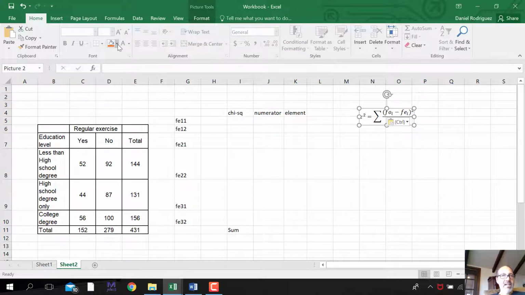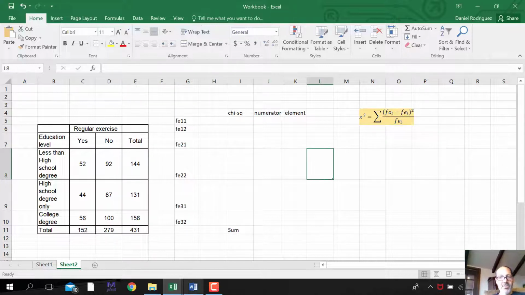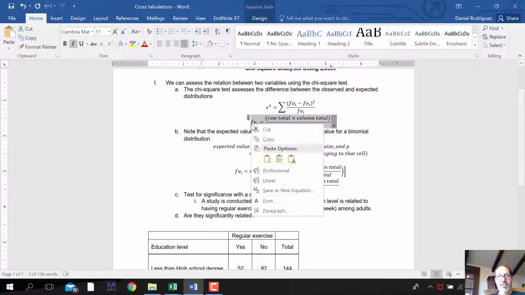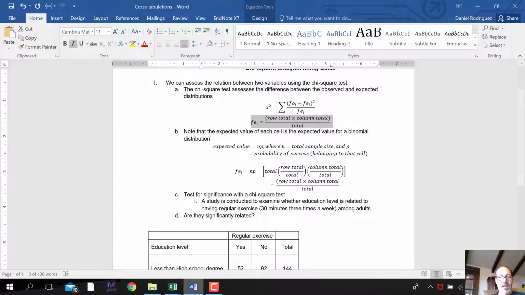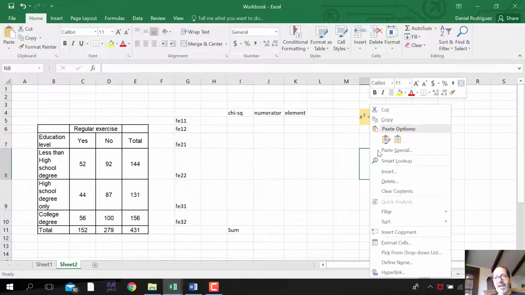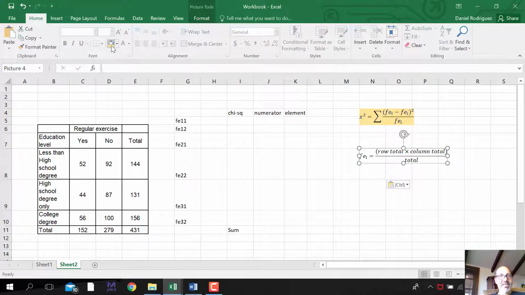Then I'll take the other equation as well and put that in here. I kind of like doing this in real time with you all so that you can see how I function, and you can get mad at me if I do something wrong. There you go, so we're all set.